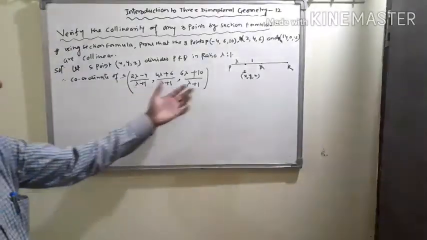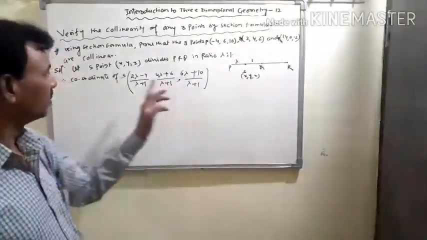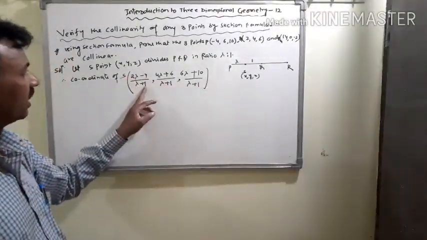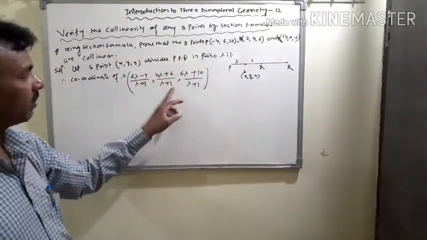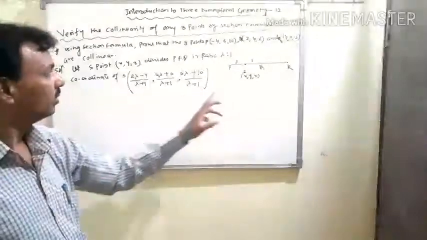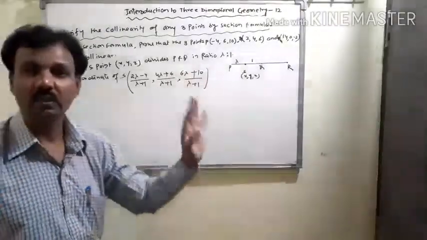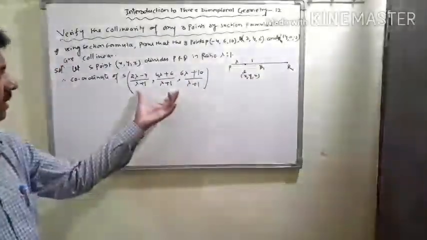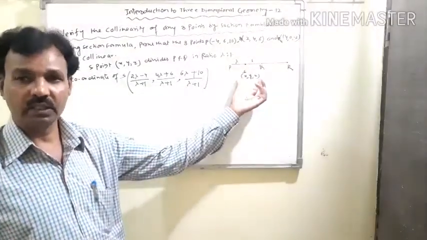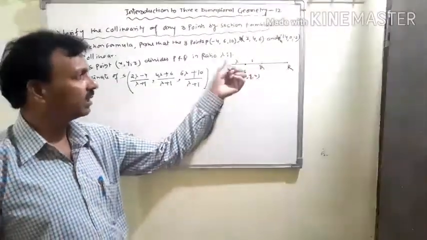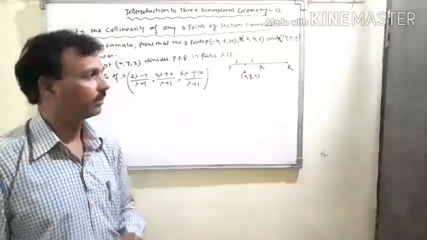This is the coordinate of point S, where x equals 2 lambda minus 4 upon lambda plus 1, y equals 4 lambda plus 6 upon lambda plus 1, and z equals 6 lambda plus 10 upon lambda plus 1. This is the coordinate of point S, which divides PQ in the ratio lambda is to 1.